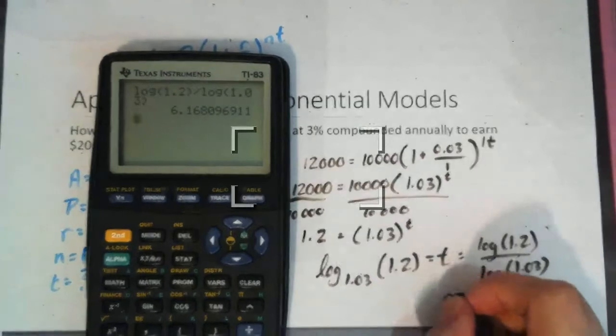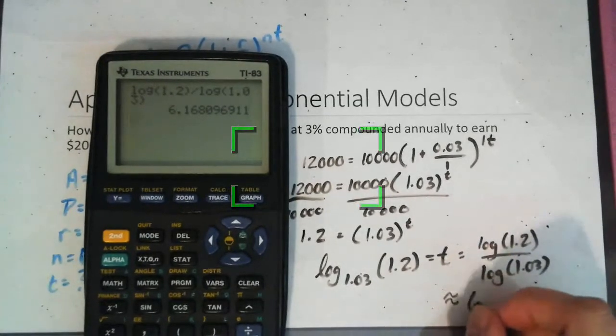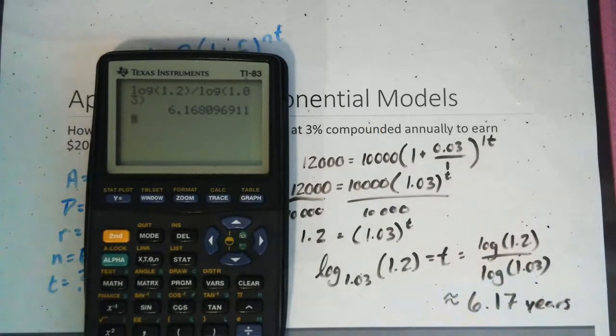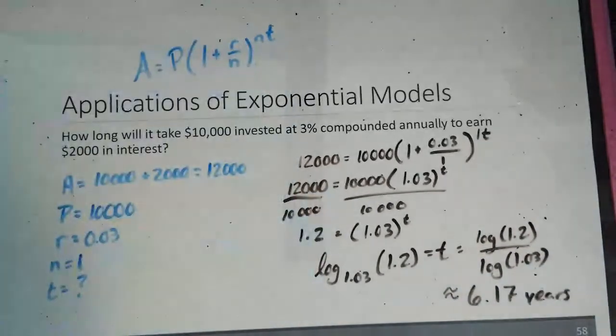I'm getting this is roughly 6.17 years, because time is measured in years. So if you put $10,000 into an account that gets 3% compounded annually and just let it sit there for a little over 6 years, it will accumulate $2,000 in interest.